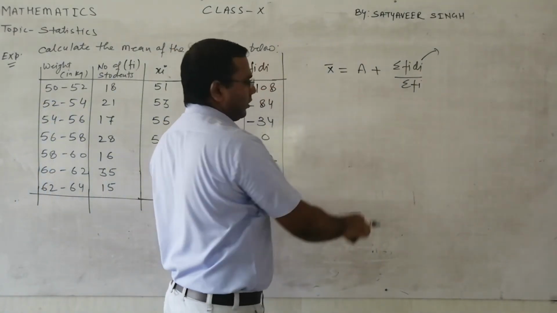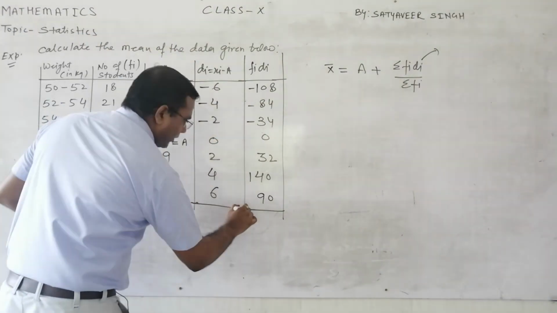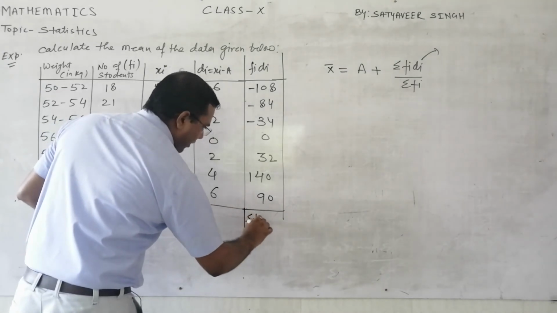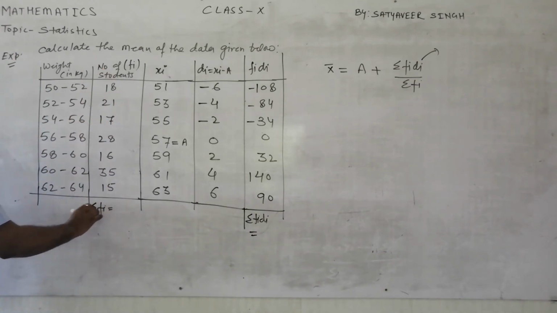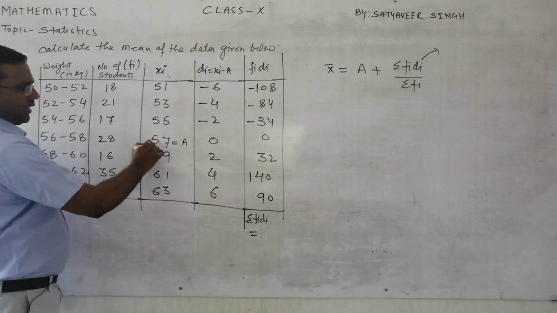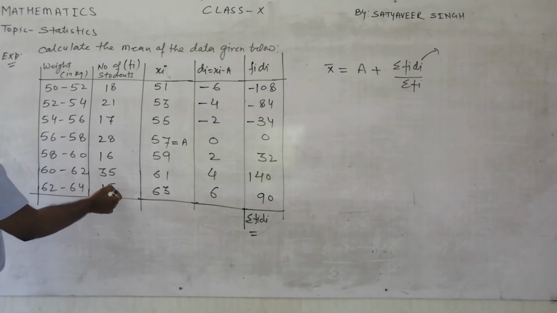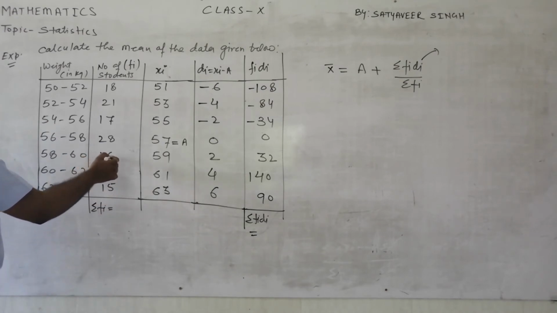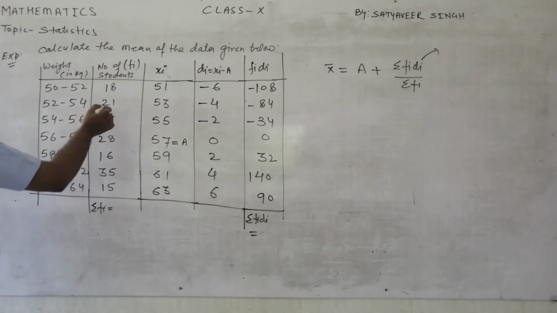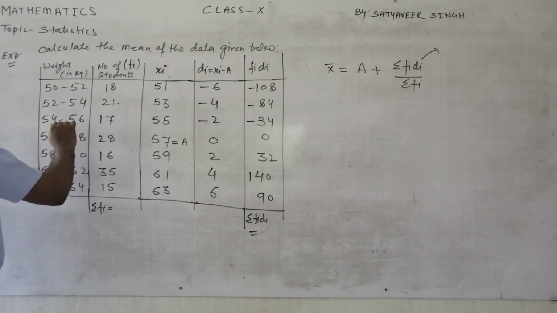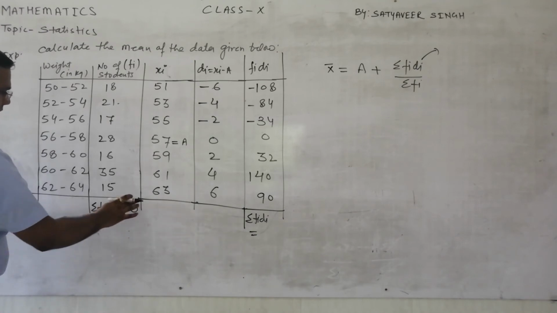See students, all these terms are needed for using the assumed mean method. And now what is required? You will have to find summation fidi here, and here you will have to find summation fi. The value of a we have, it is 57. If you add them up quickly, here it is 5 5 10, 10 plus 6 is 16, 16 plus 8 is 24, 24 plus 1 is 25, 25 plus 7 is 32, 32 plus 8 is 40, 0 carry 4.